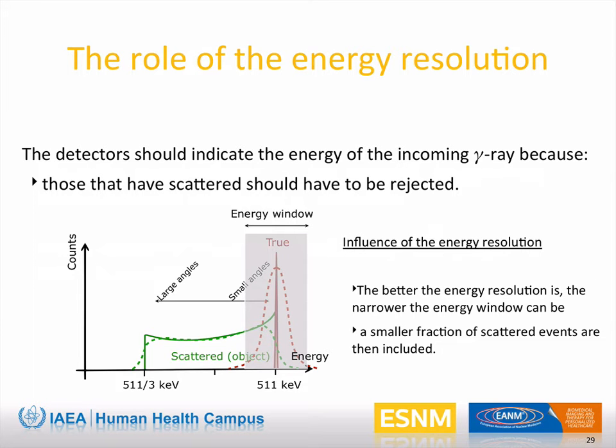Here, it is evident how the energy resolution of the detector is important in PET. In fact, the better the energy resolution is, the narrower the energy window can be, and a smaller fraction of scattered events are then included.